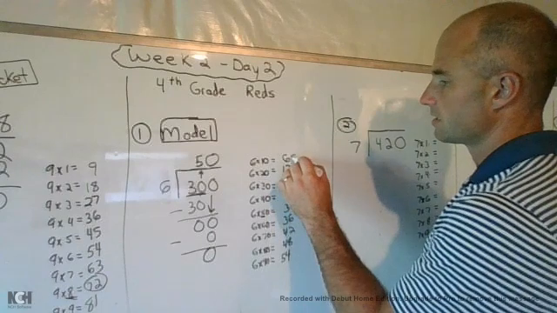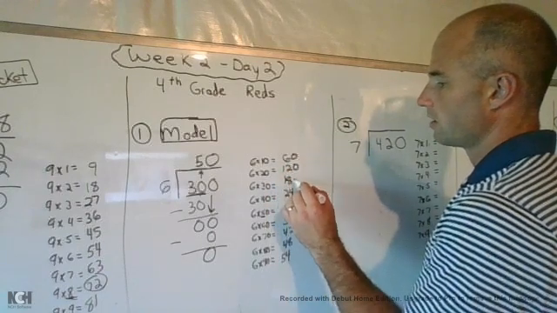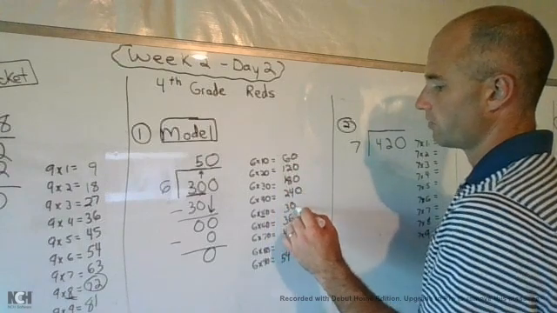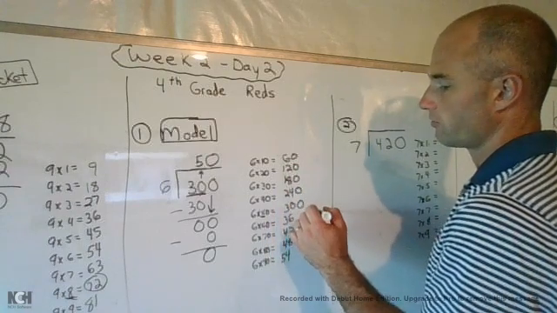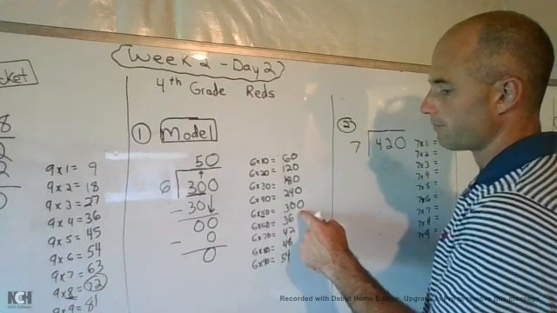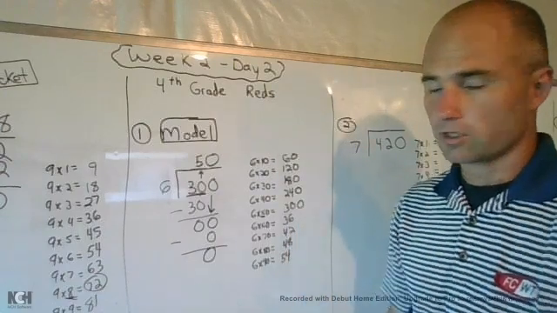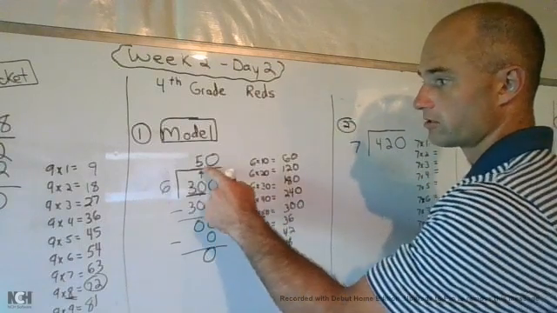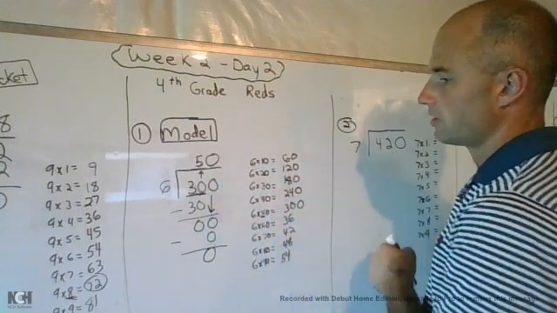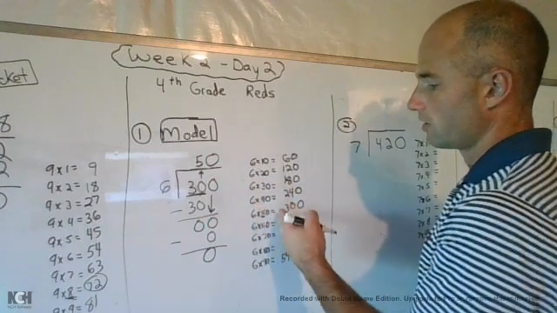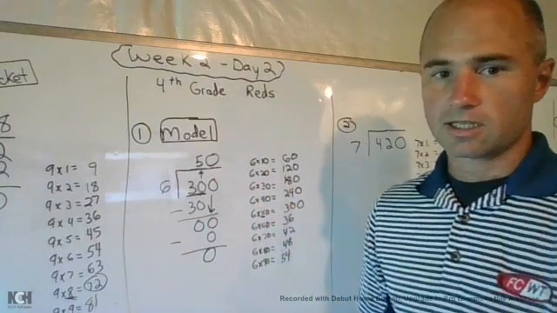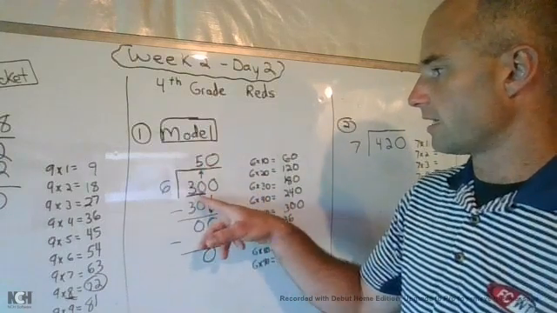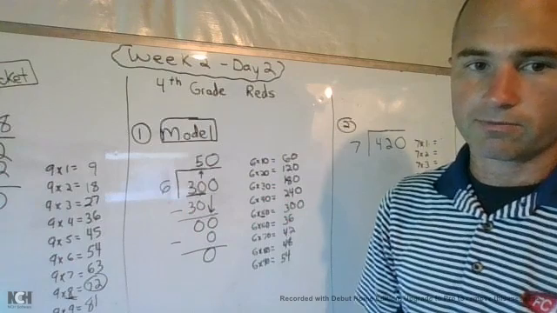So turn that 6 into 60, 12 into 120, 18 into 180, 24 into 240, 30 into 300. Oh, wait, I can stop there. That's exactly what I'm looking for. And 6 times that 50, oh, that's our answer, gave us that 300. Therefore, that's all I have to do. 6 times 50 gives you 300, or 300 divided by 6 gives you your 50.